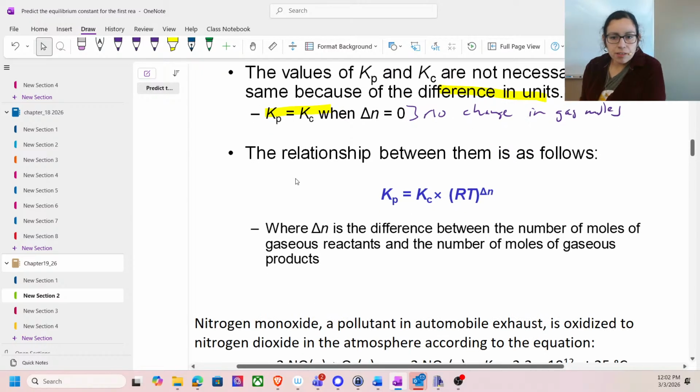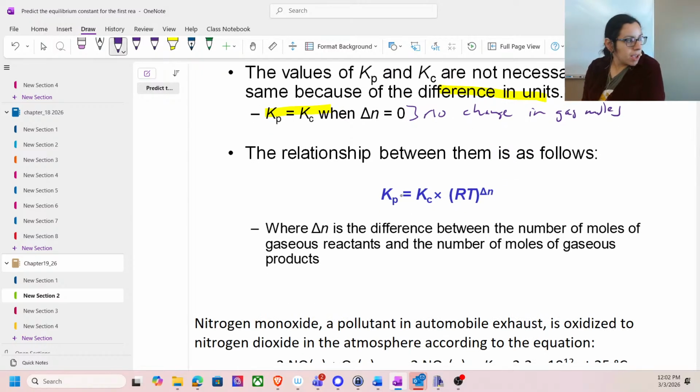So if there is a change, then Kp is equal to Kc times RT to the power of our change in n. That's just our product moles of gas minus reactant moles of gas. And so that gives us our change in n there.